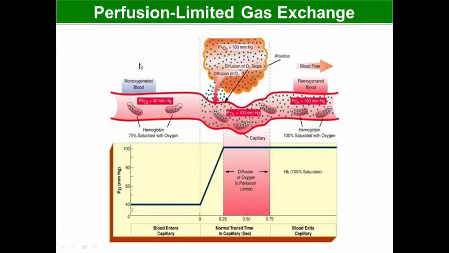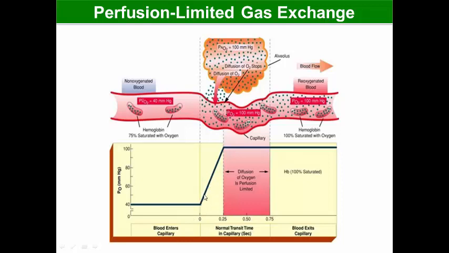Again, this is the perfusion limited oxygen exchange. So see here, 0 means the beginning of the pulmonary capillary. At 0.25, the blue line is the partial pressure of oxygen.